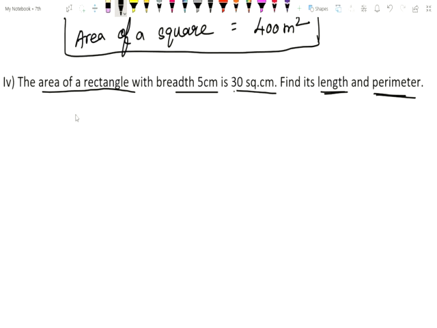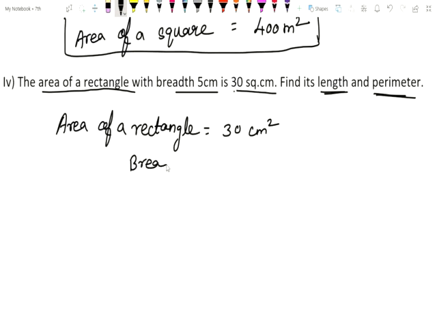So area of a rectangle equals 30 square centimeter, which means 30 centimeter square. Breadth equals 5 centimeter. So we are going to find length as well as perimeter.